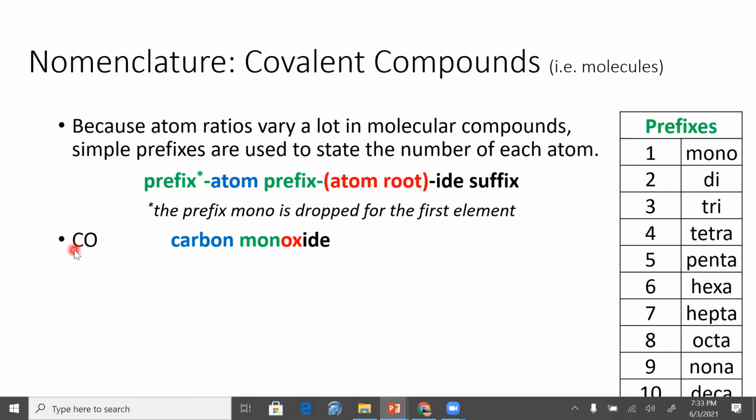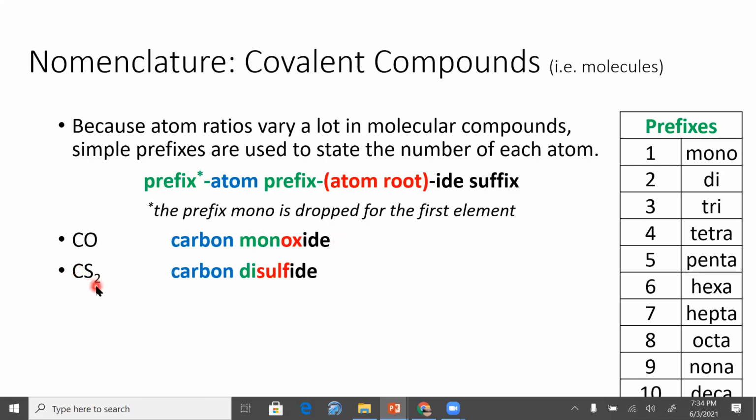We've got carbon and oxygen. There's 1 carbon and 1 oxygen. The prefix for 1 is mono, but we don't use the mono in the first name. We just drop that. So we don't say monocarbon. It would just be carbon monoxide. 1 carbon, 1 oxygen.